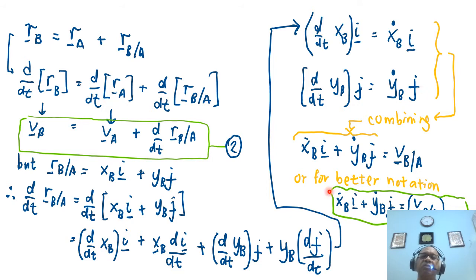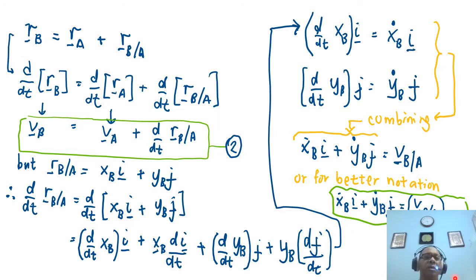We can combine that to become x dot b i plus y dot b j, which is equivalent to the velocity of B relative to A. So this is an equation that we want to keep: x dot b i plus y dot b j equals vb relative to A.